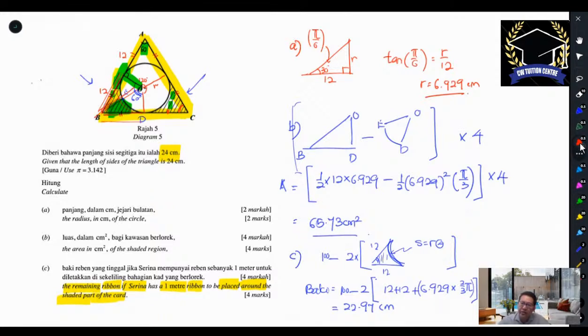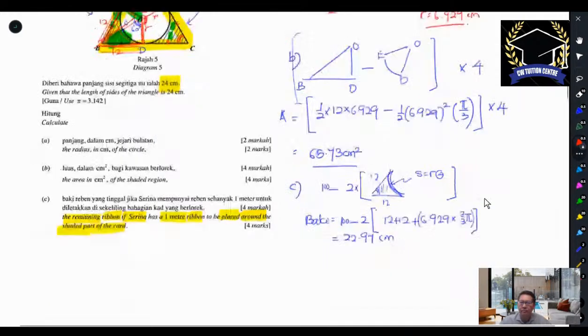This part and this one have the same length, from the lower secondary topics, 12 and 12 over here. So radius and radius, it is 90 degrees. If this is 120, this one is 60. That's the information you need to refresh your memory. That's why I chose this question.